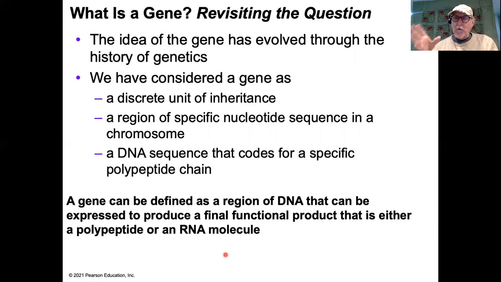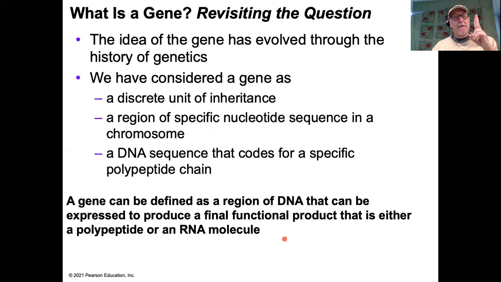The importance of that sequence was that it codes for a specific polypeptide chain. And that polypeptide chain acquires its characteristics by its amino acid sequence. So we could then come to this definition: a gene is a region of DNA which can be expressed to produce a final functional product.